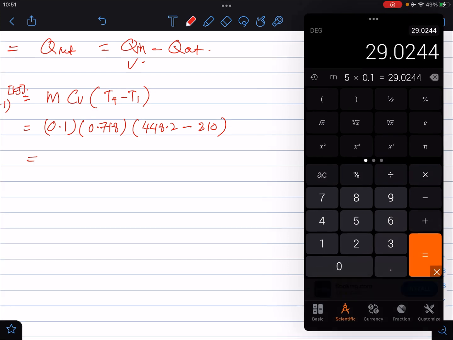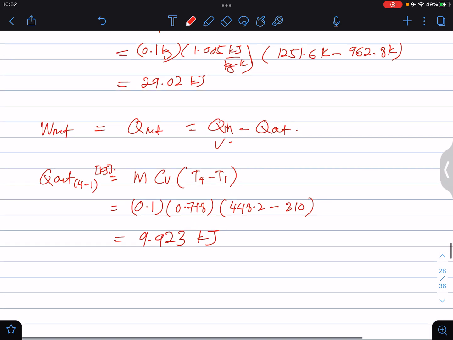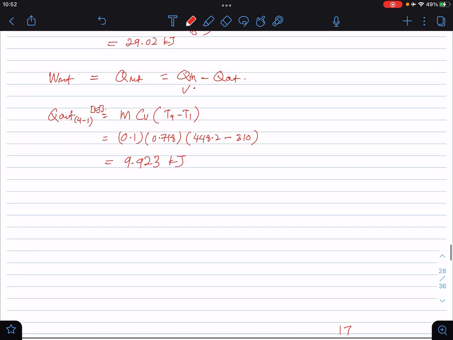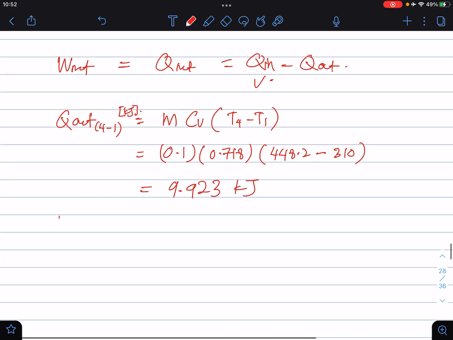Okay, again punch your calculator. 448.2 minus 310 times 0.718 times 0.1. You get here 9.923 kilojoule again. Alright, so now calculate the work net produced. Work net is equal to Q in minus Q out.